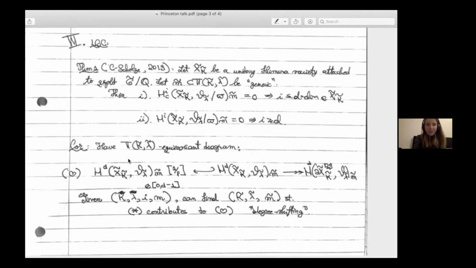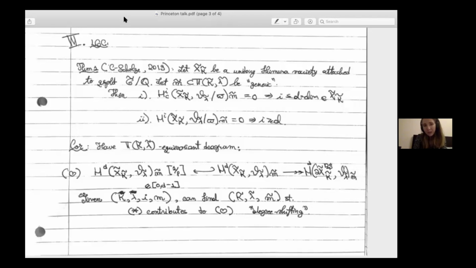All right, so what do I want to say about local-global compatibility? The starting point is the following theorem that is joint work of myself and Scholze, and this was finished in 2019. So in some sense, this 10-author paper relies on this theorem that we completed a little bit later.